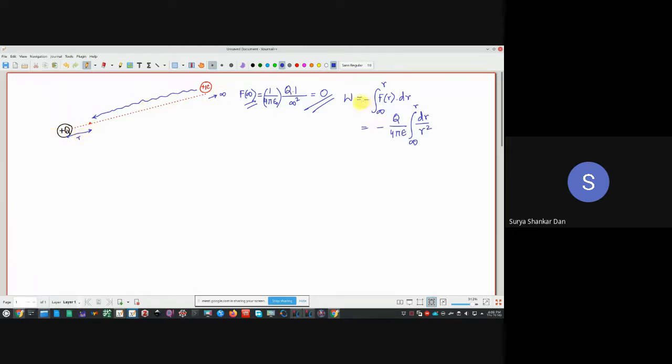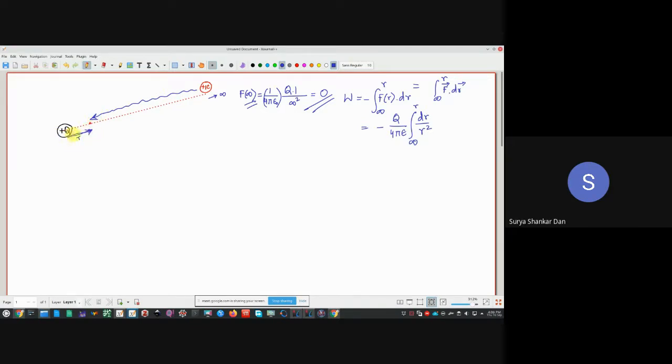So remember, this is a vector, this is a vector. So I have to also consider the direction. In fact, I could have written this as infinity to that point with F vector dot dr vector. So since these are opposite directions, this is the radially outward direction, the force you are applying from infinity to that point. So infinity to that point means you are going against the direction of r. Okay.